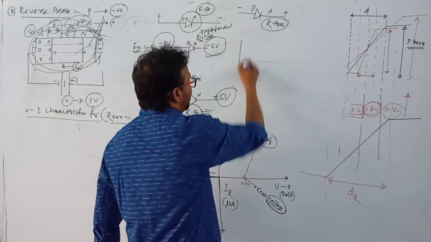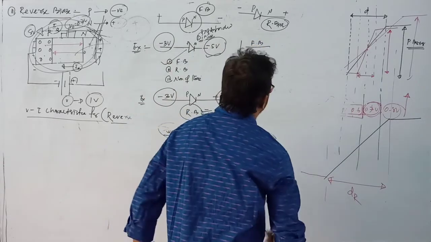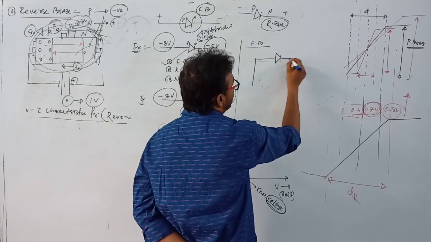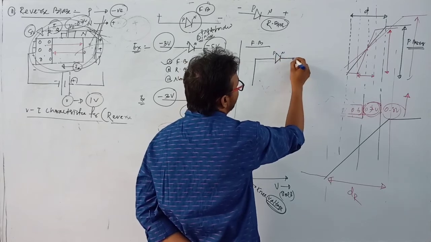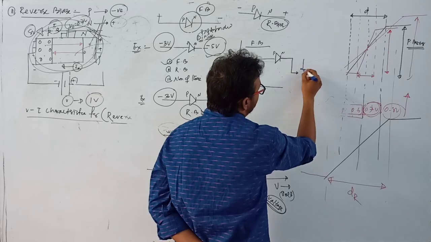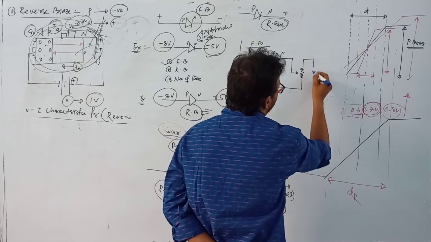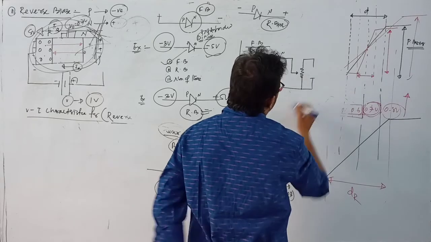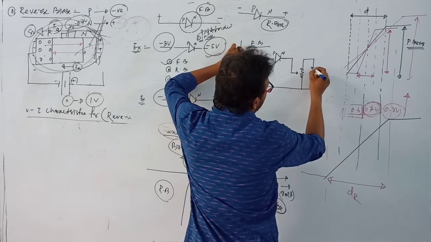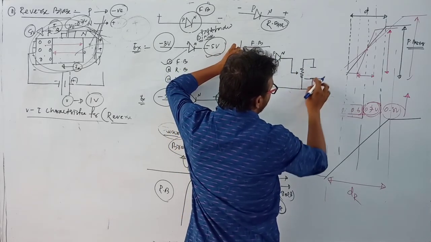Now come to the circuit diagram you can draw for forward bias. Forward bias circuit diagram. Here P type and N type are shown, and here we have to use a rheostat like this, and there we have to use a battery. Forward bias means the N type semiconductor is connected with the negative terminal and the P type with the positive terminal of the battery.